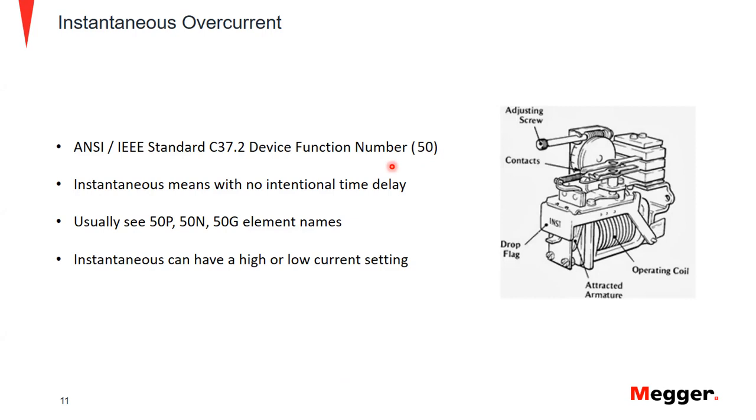When the current has exceeded a predefined protection setting, we want it to operate in the shortest amount of time possible. Usually you'll see the 50 element with phase, you'll see it with neutral, and you'll also see an instantaneous ground element as well. The instantaneous elements have high or low current settings. Just because it says instantaneous does not necessarily mean that the current value it's going to operate at has to be extremely high. It can be a very low value.